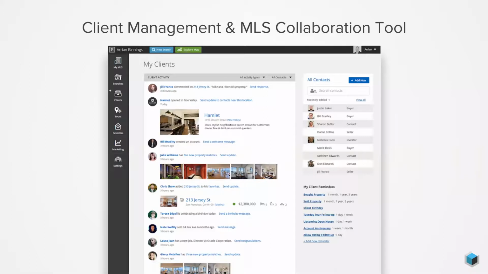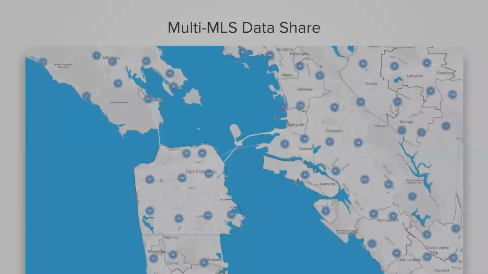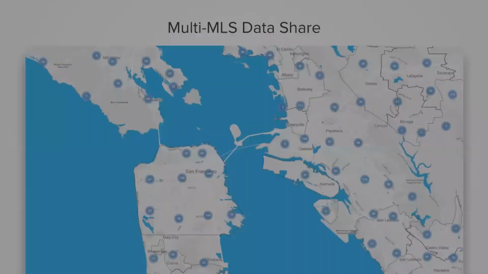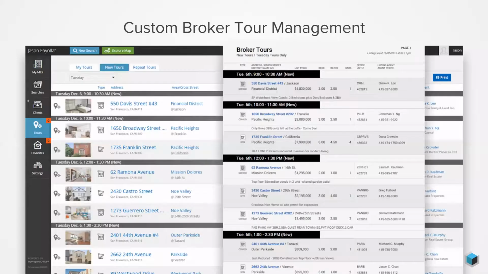The whole process is to collaborate with your clients about real-time MLS data, so it's a client management and collaboration tool. We have multi-data share capabilities for agents, and we also have custom broker tour management built in, and I'll go over that feature.